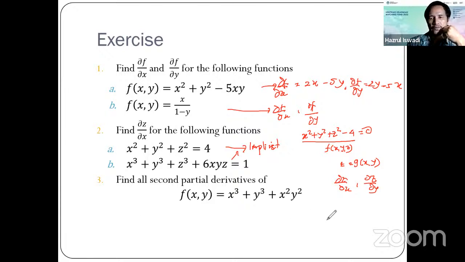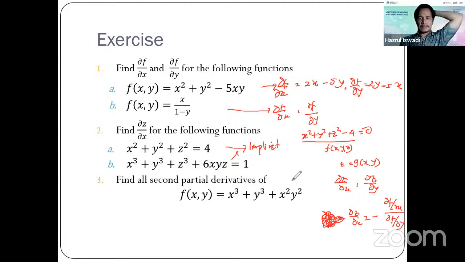And as we know before, ∂z/∂x is equal to minus ∂f/∂x divided by ∂f/∂z. Okay, please find by yourself.